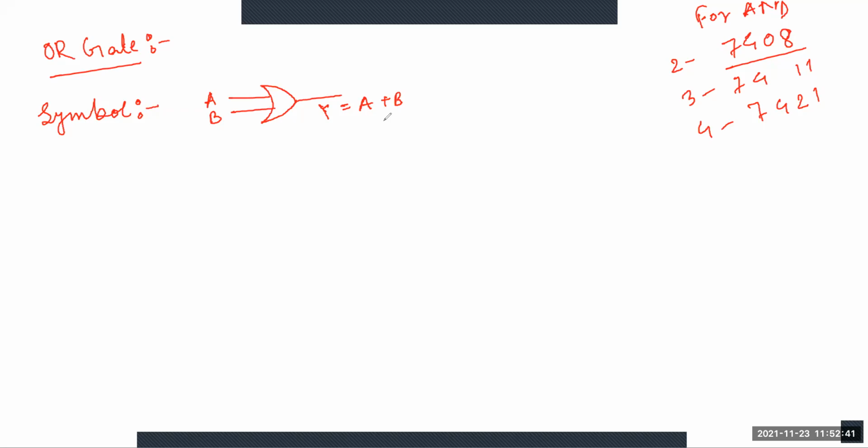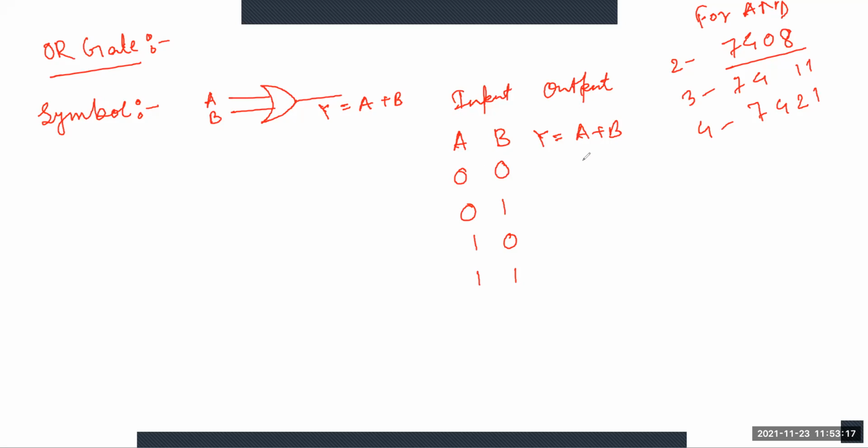Now the truth table, that is a, b, and y equals a plus b. These are the inputs and this is the output. Again there are 4 combinations: 0 0, 0 1, 1 0 and 1 1.